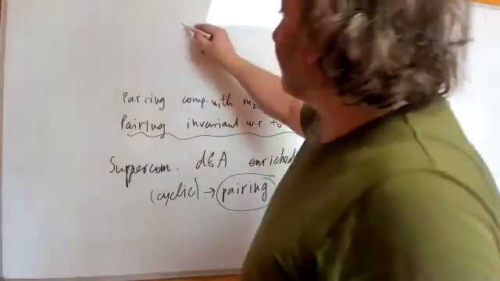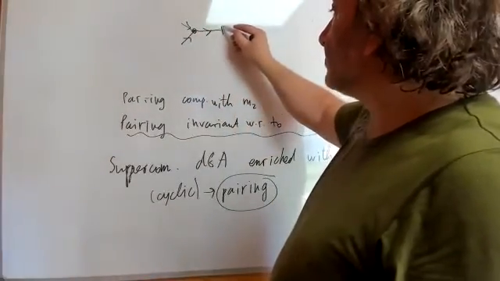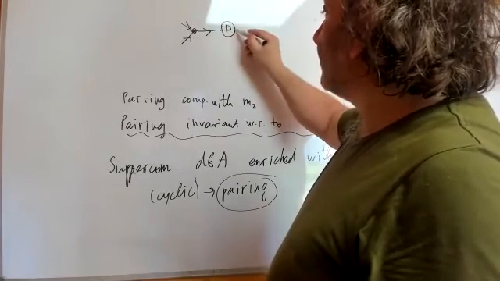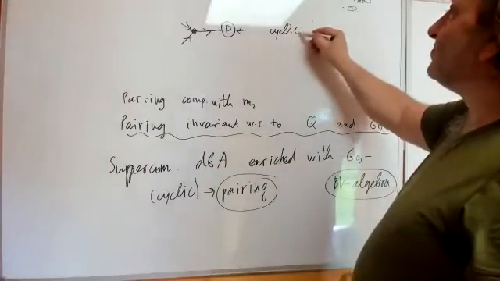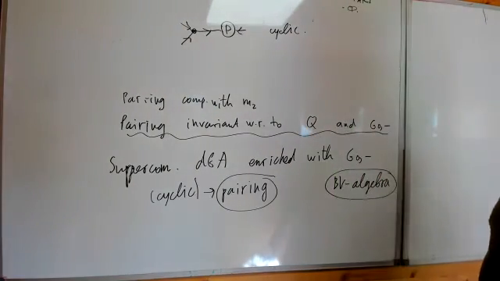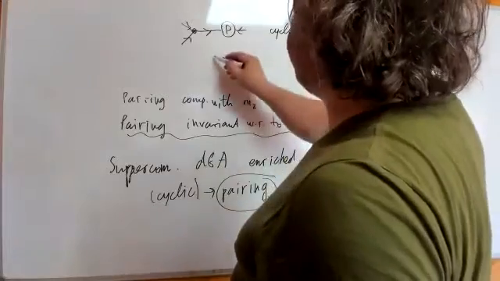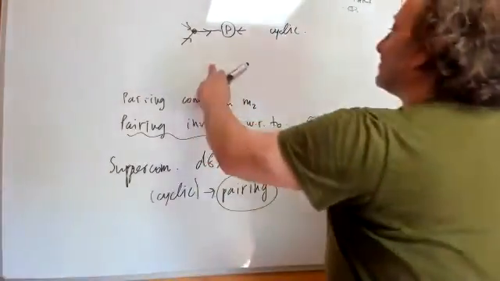So it means that if I have a multiplication and if I have a pairing, then this should be cyclic. So when I say pairing invariant, I actually mean the following.